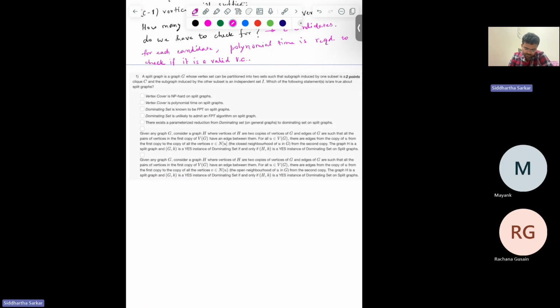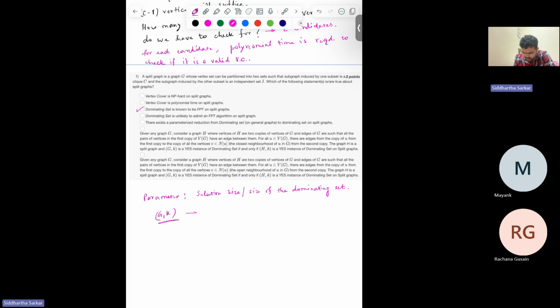So, I am very interested in the third statement. If dominating set is FPT on split graphs, first we have to specify the parameter, with respect to which parameter it is fixed parameter tractable. Let us say the parameter is the solution size, that is, the size of the dominating set. As usual, the graph is given and the parameter k is given.